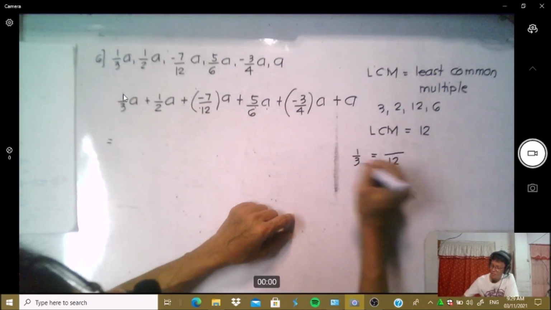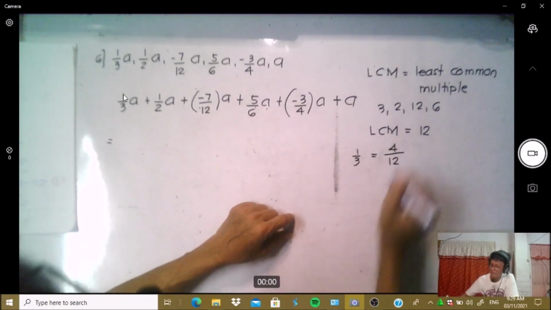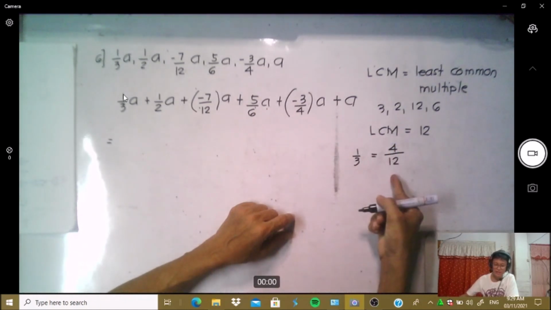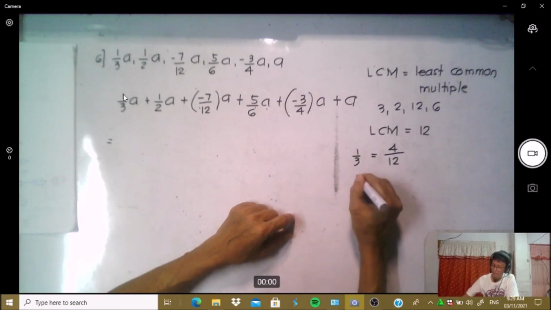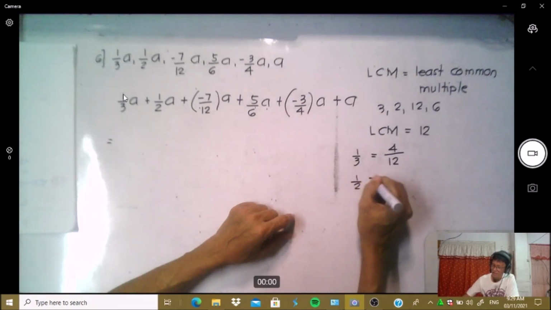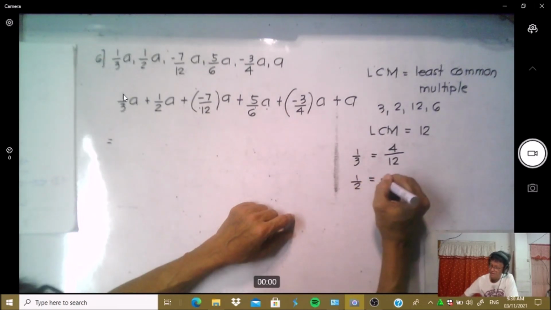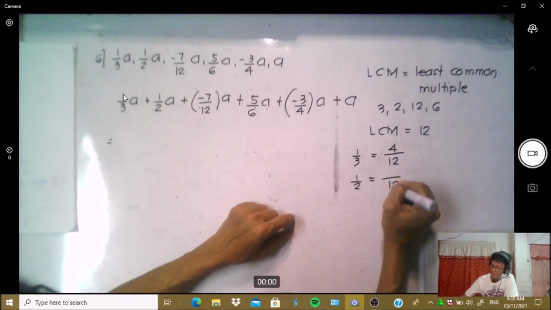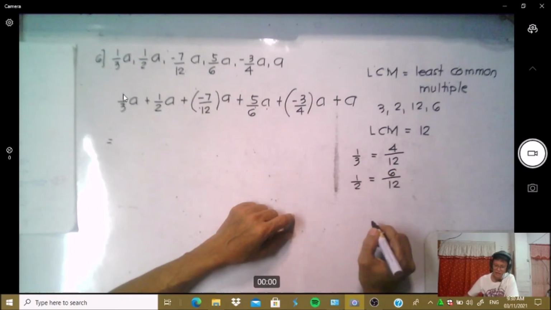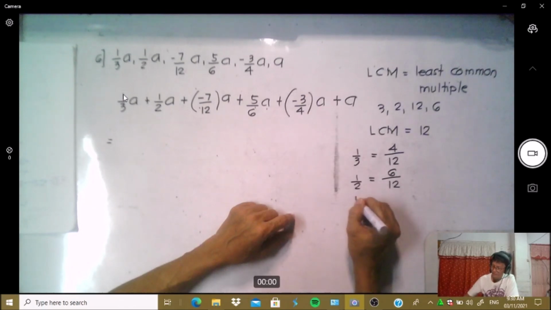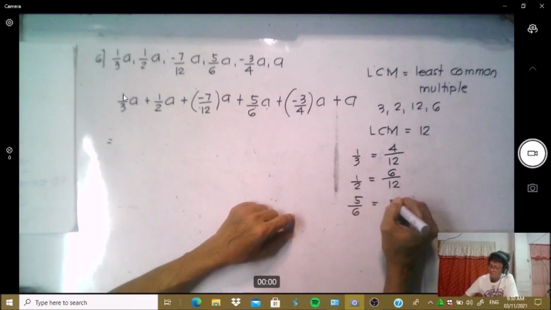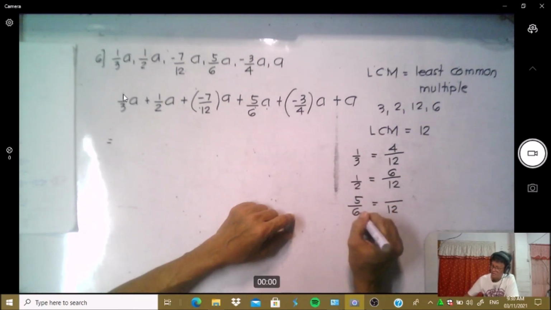This simply means that 1/3 is the same as 4 over 12. Then 1/2 is the same as 6 over 12, since 12 divided by 2 is equal to 6. Then we have 5 over 6, with denominator 12. 12 divided by 6 is 2.